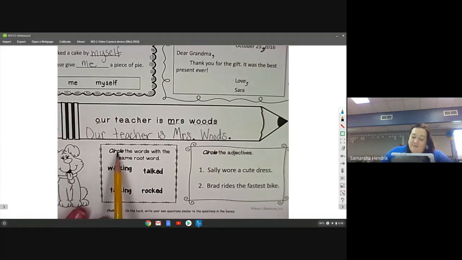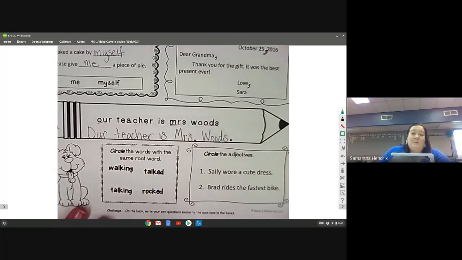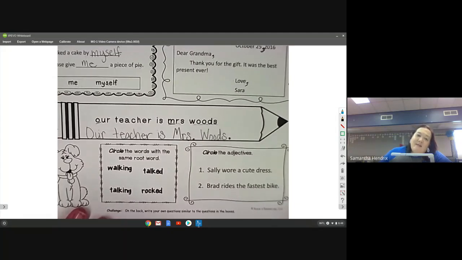So this says circle the words with the same root word. So a root word is just the base word, okay? A lot of times in the English language, we add prefixes and suffixes and past tense things, which are really suffixes, okay?